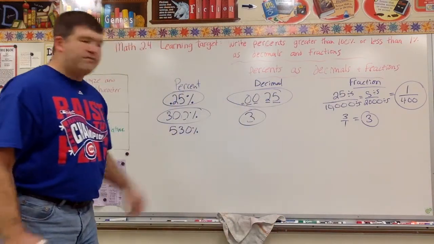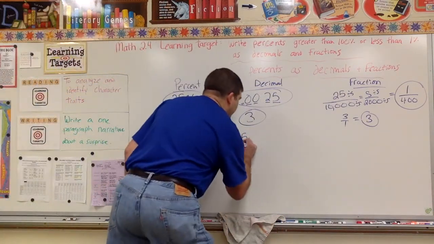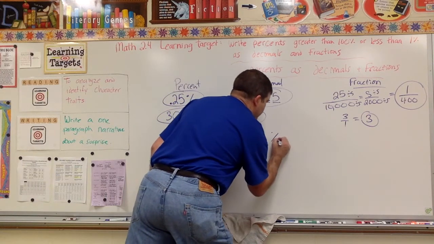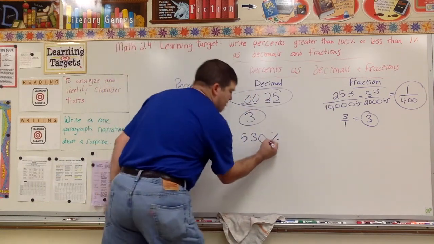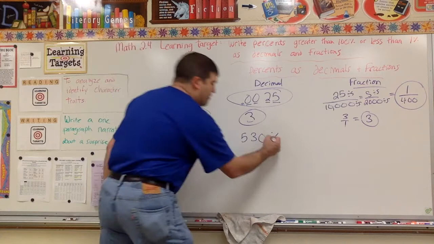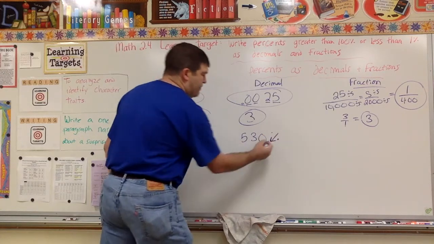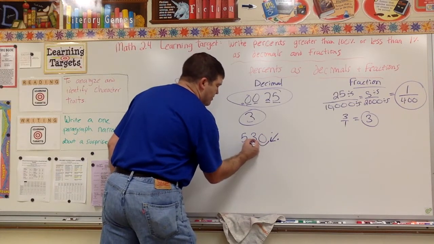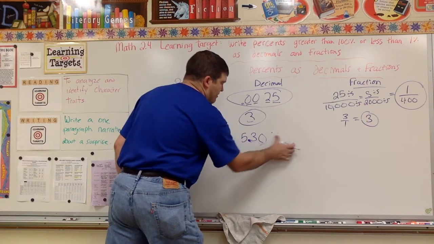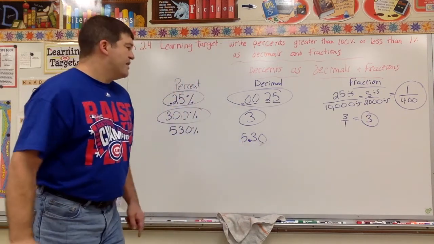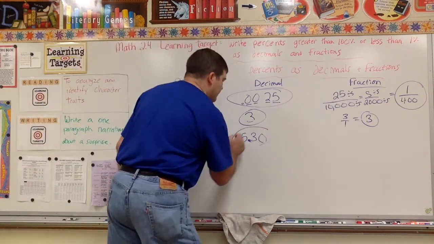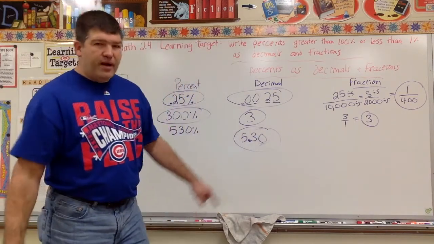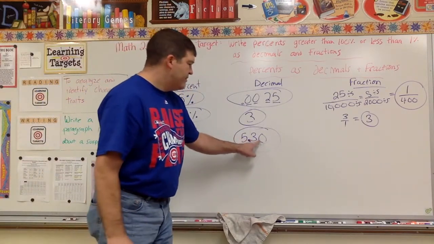Okay, let's do 530%. When I have a whole number like this, I know my decimal's there. I want to go this way to get rid of this part. So I go 1, 2. Right there. Then I got rid of all this. So my decimal is 5.30. Do I need this 0 here?